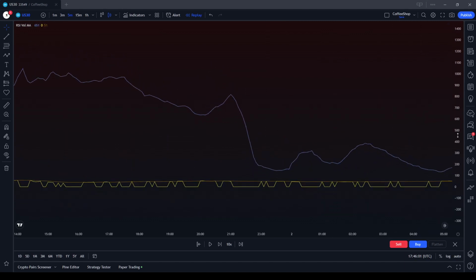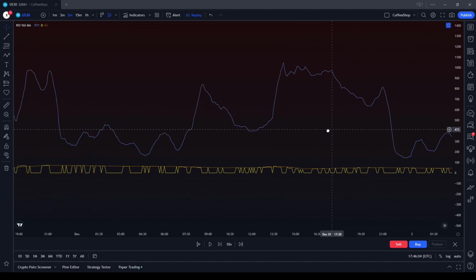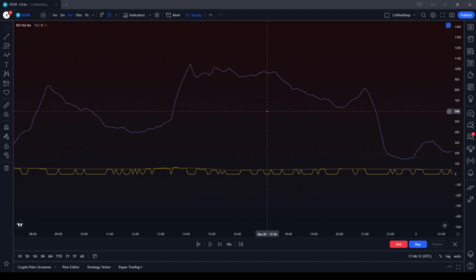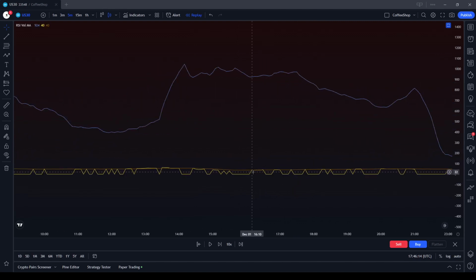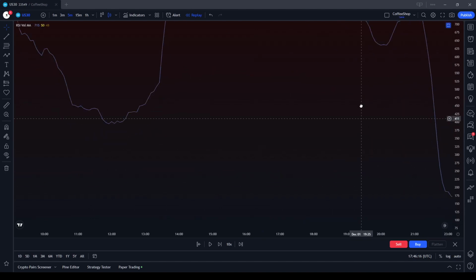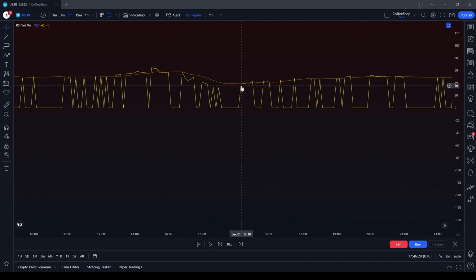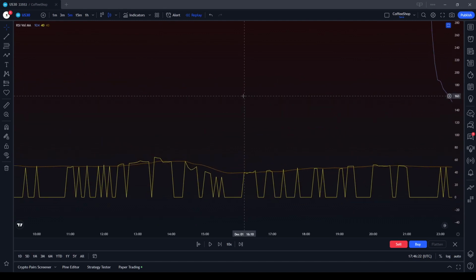And I'll be breaking this code down so that you'll be able to use it as a filter and understand, oh, volume is coming down, when do I take my short trades? I take my short trade every single time that the RSI volume breaks its average. So that's like right here.